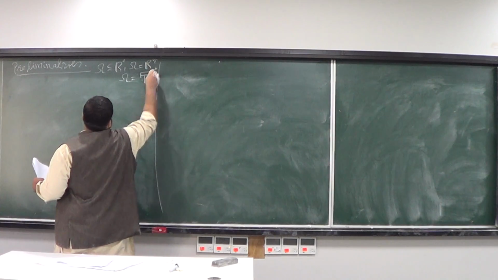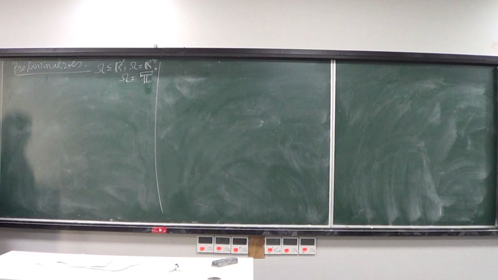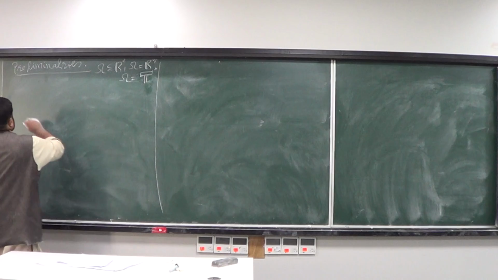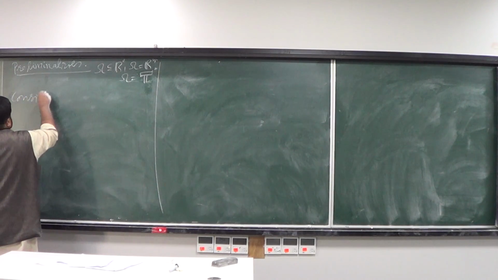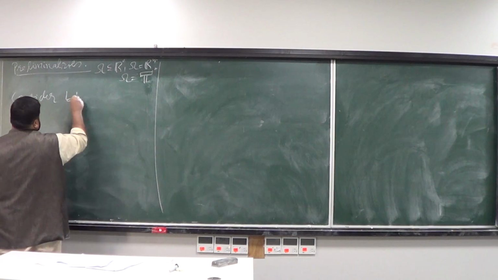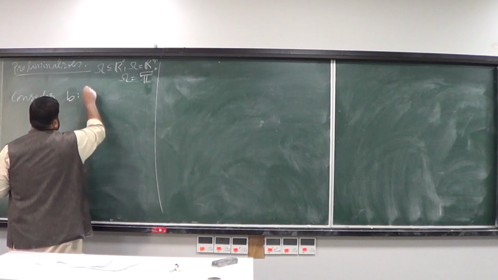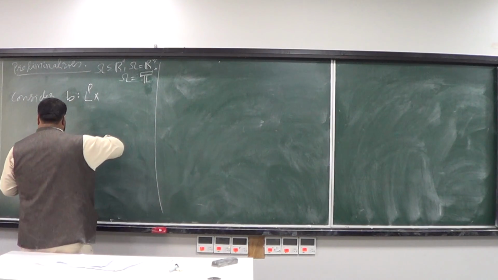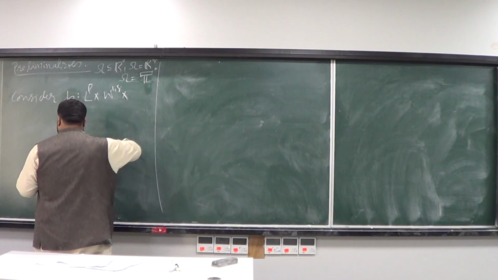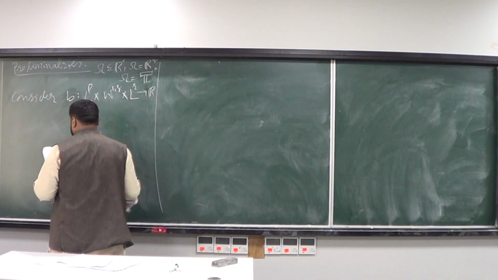Whatever I am writing now is valid for whatever domain you have. So consider a map b, small b, that takes values from L^p, W^{1,q} cross L^r into R.